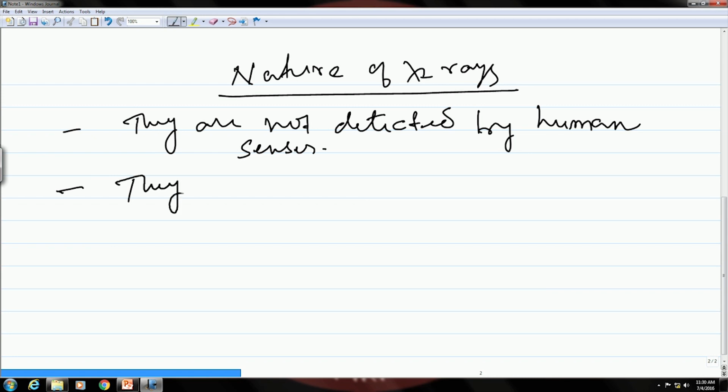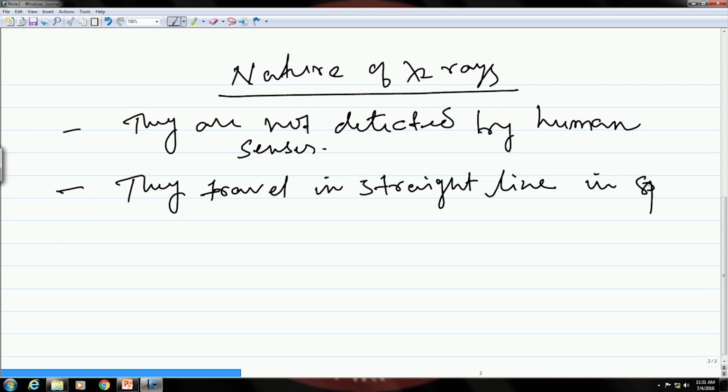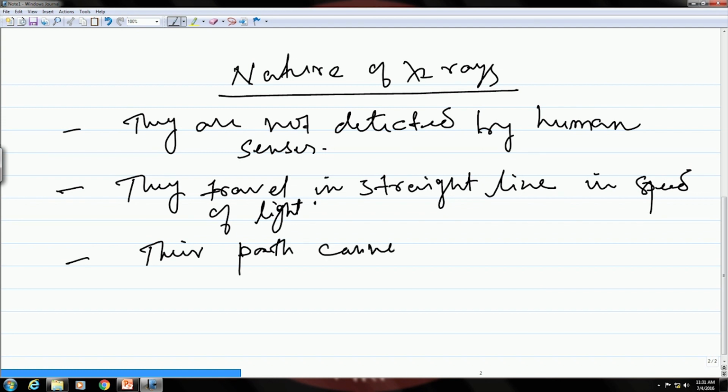They travel in a straight line with the speed of light, and their path cannot be changed by an electrical or magnetic field.